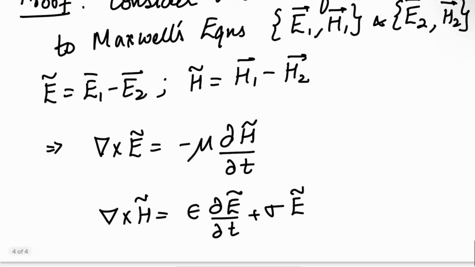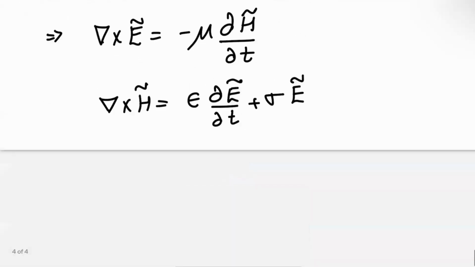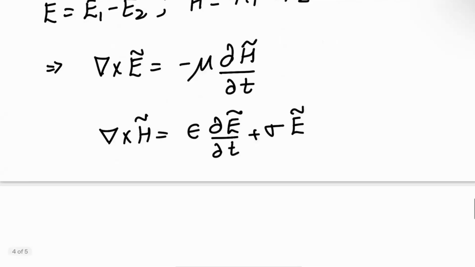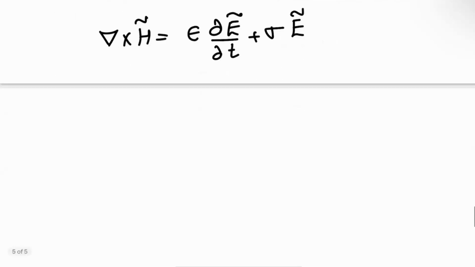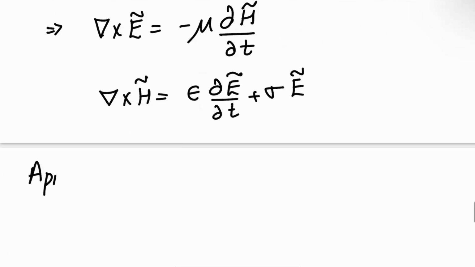Now you may ask what happened to the sources, and the answer is the sources are the same for both solutions, right? That's what we say when we want to establish uniqueness. So when you take the difference, they cancel out. In fact, E tilde and H tilde satisfy the source-free Maxwell's equations. Now, given this, we can apply Poynting theorem.